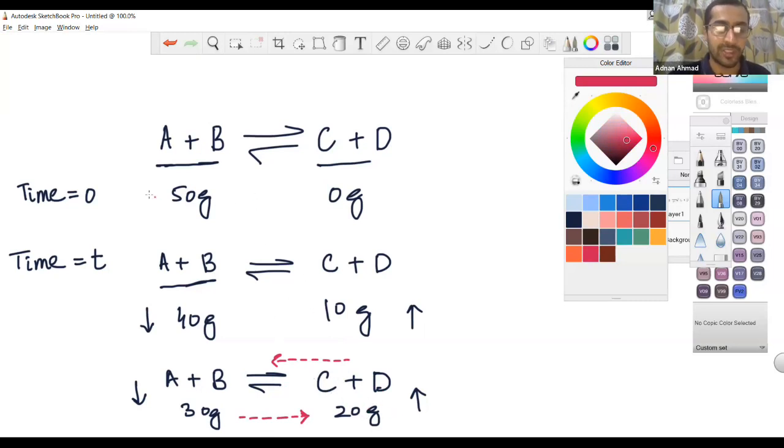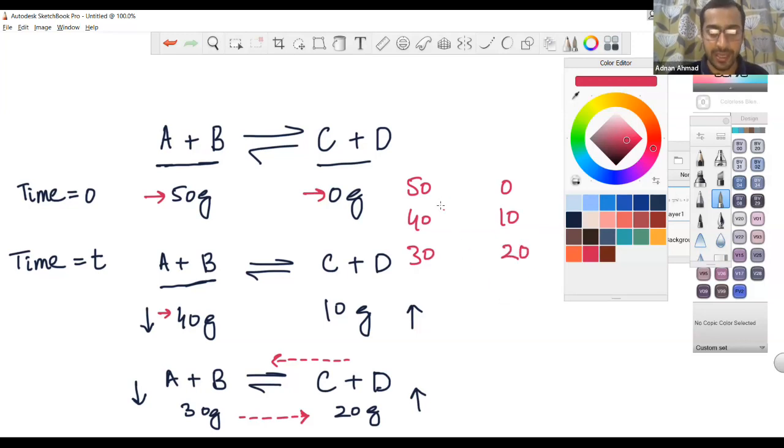So, we started from 50 and 0. So we can write here 50, 0. Then we end up at 40 and 10, and then 30 and 20, right?